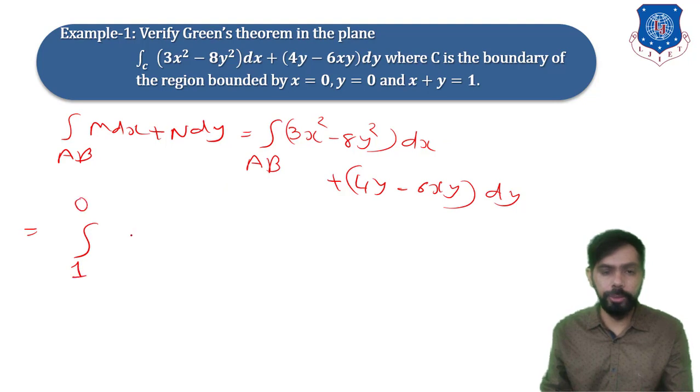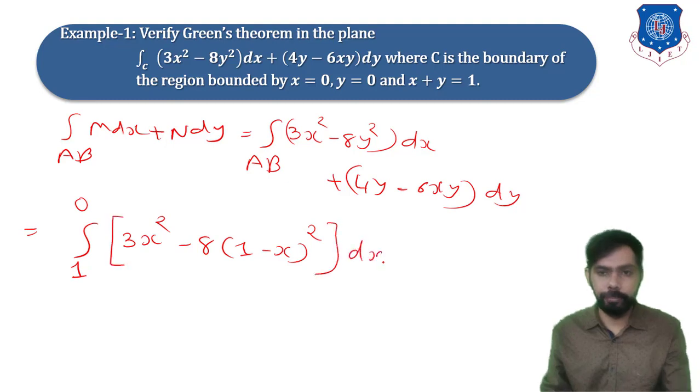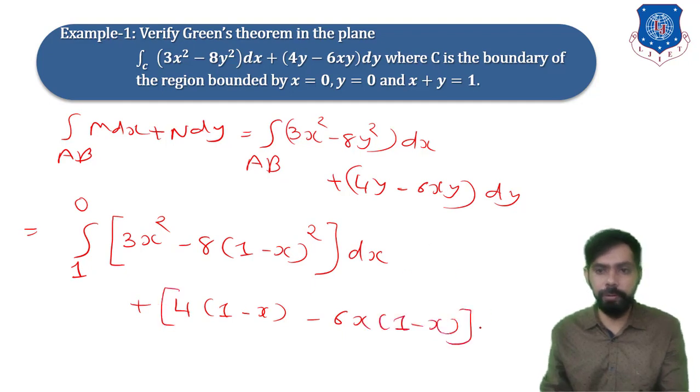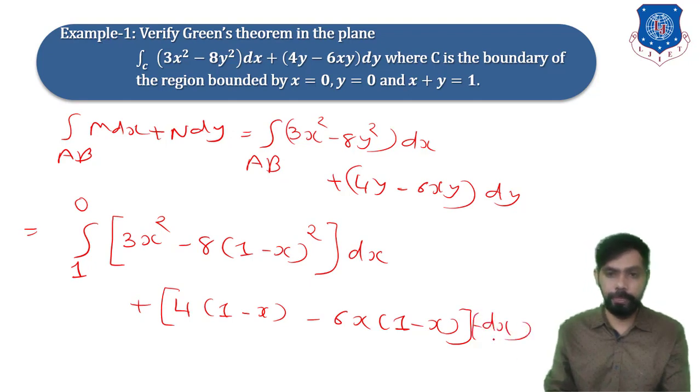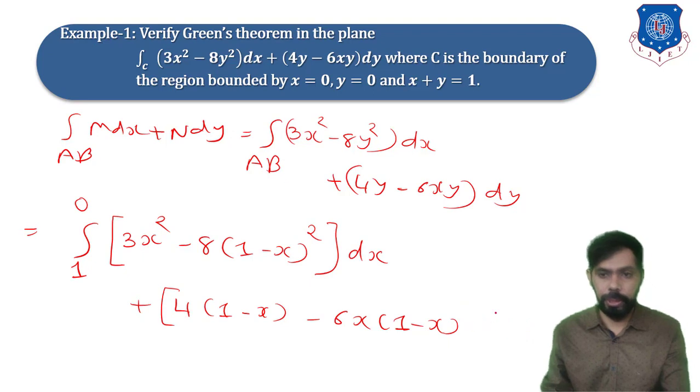So this will be 3x square minus 8, instead of y we will write 1 minus x, so 1 minus x whole square, dx, plus, instead of y again we will write 1 minus x, minus 6x into 1 minus x, and here instead of dy we will write minus dx. Clear?